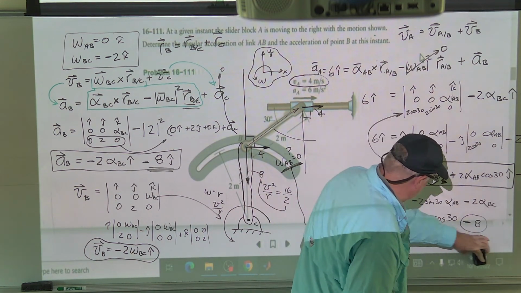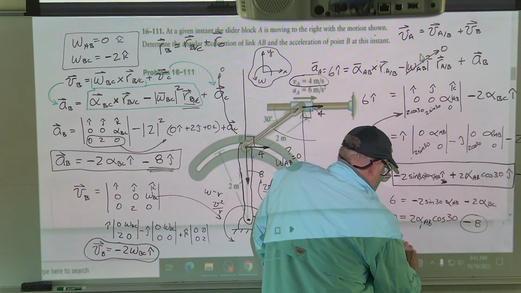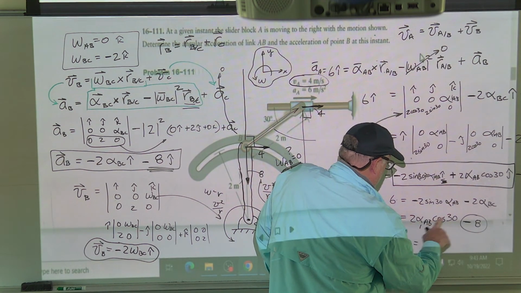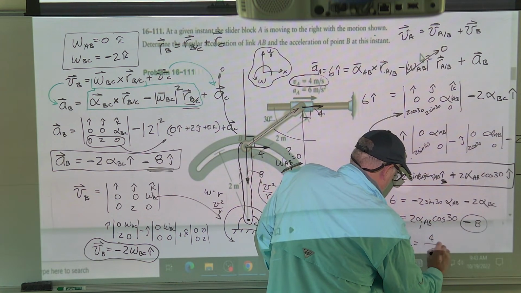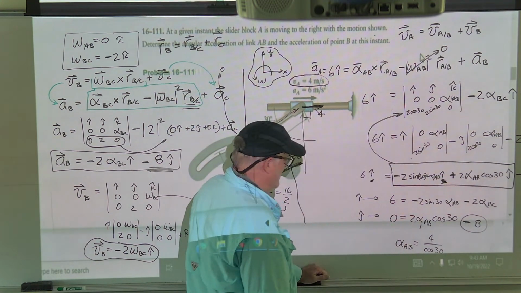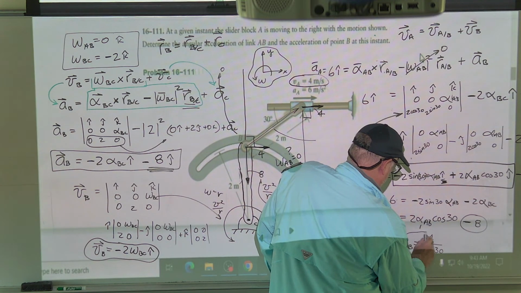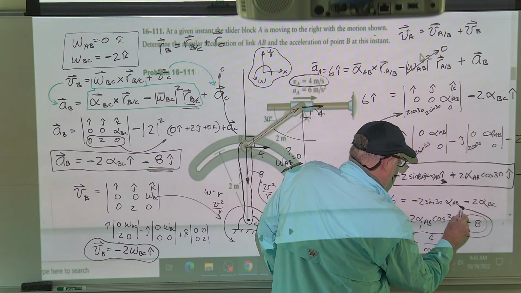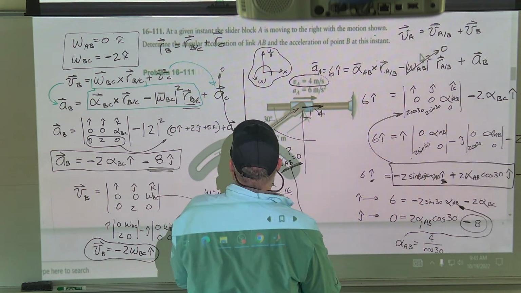Now I've got a situation where, in fact, alpha AB is going to be equal to, okay, move the 8 over, divide by 2, so it's 4 over cosine of 30. And then I can take that, stick it in here, and actually put it in there to find alpha BC, but he never asked for it.